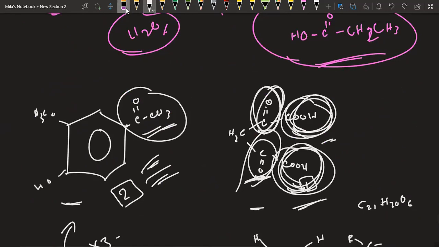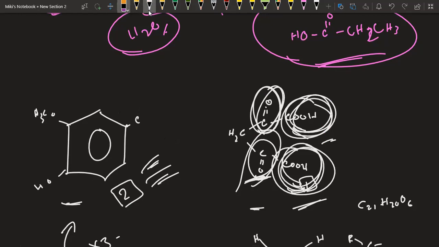So this is actually this molecule, you could say. This should be actually, so COOH should be here.